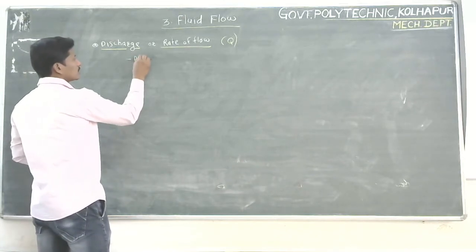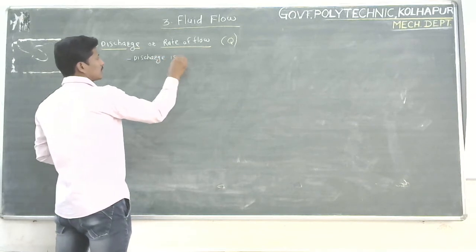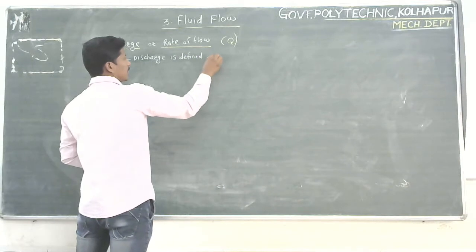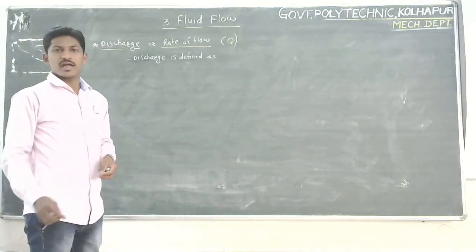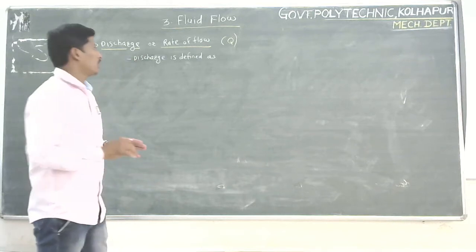So how is discharge defined? Discharge is defined as how much quantity is flowing through the pipe.